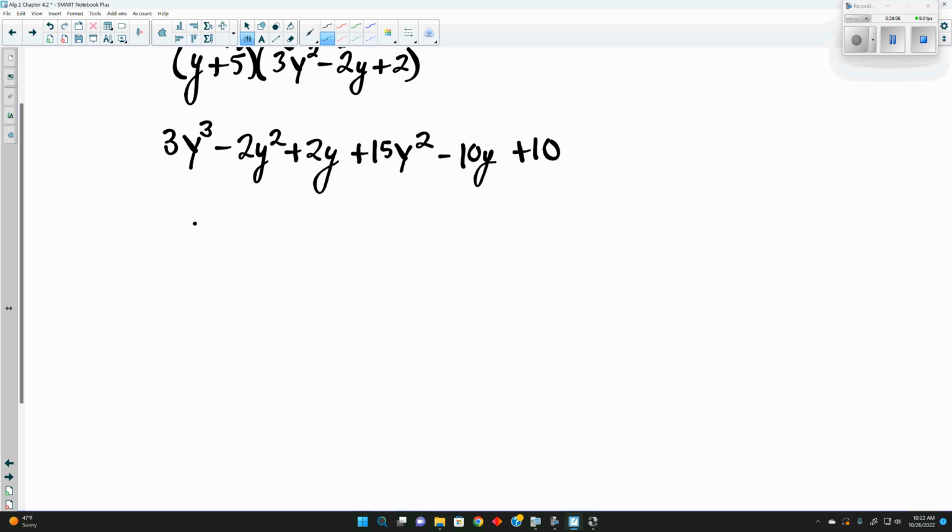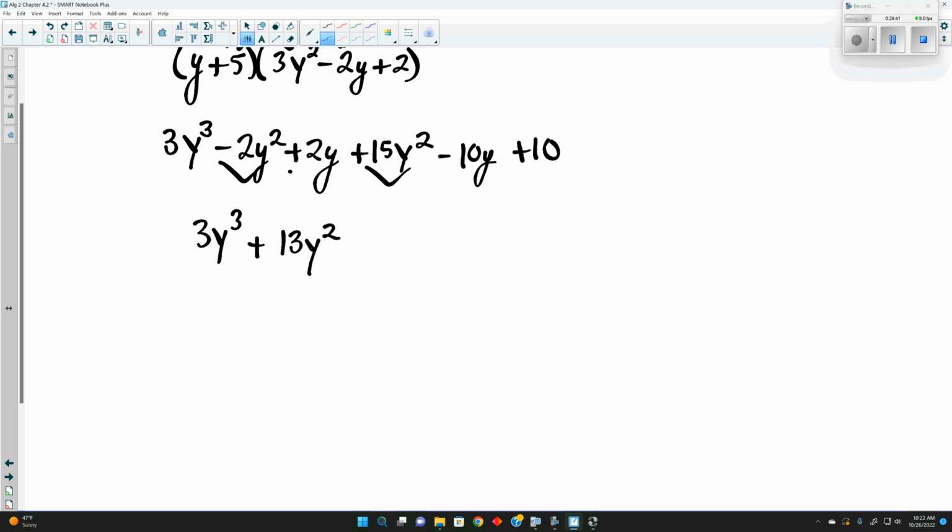If we combine like terms, well, 3y cubed is by itself. There's no other like terms with it. But negative 2y squared, because negative 2 plus 15, is plus 13y squared. 15 minus 2 is 13.